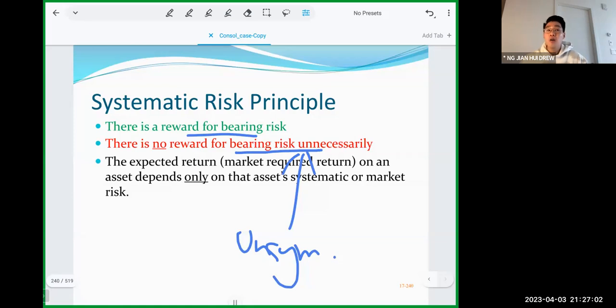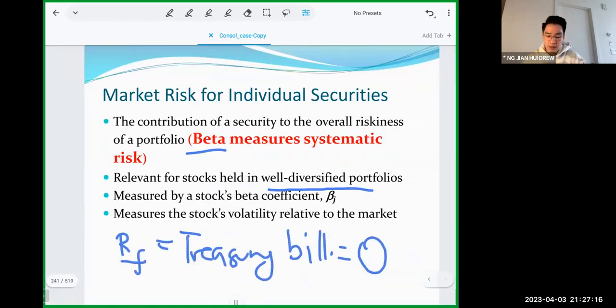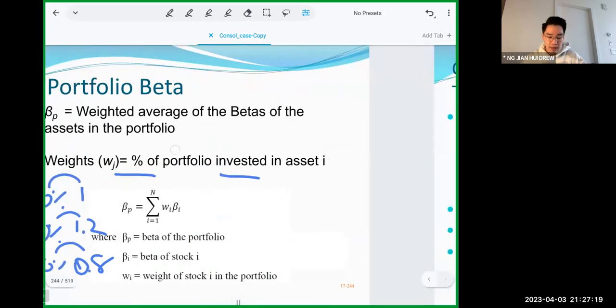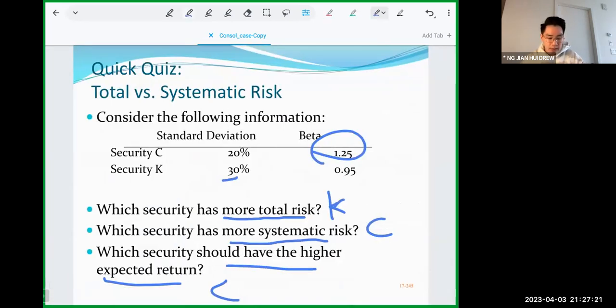What does this mean? It means that we should only be rewarded for bearing beta risk or systematic risk. If we are bearing unsystematic risk, we will not be rewarded. So let me go back to the question. Can you see that security K, because the standard deviation is so high and the beta is low, actually has a lot of unsystematic risk?